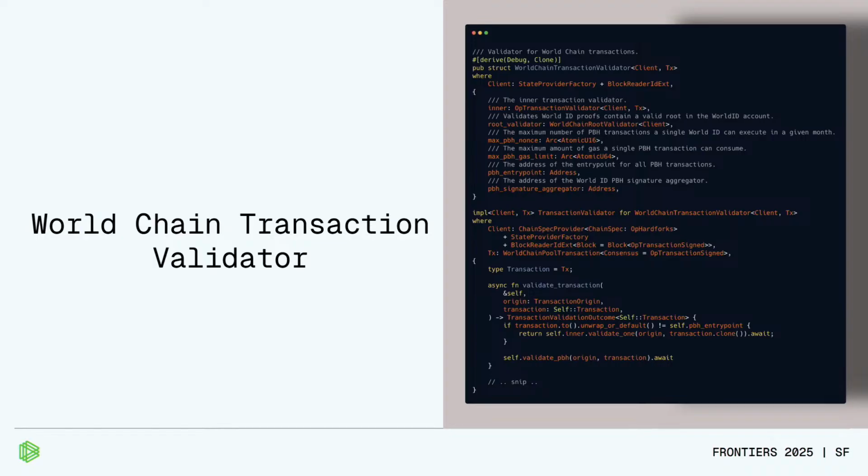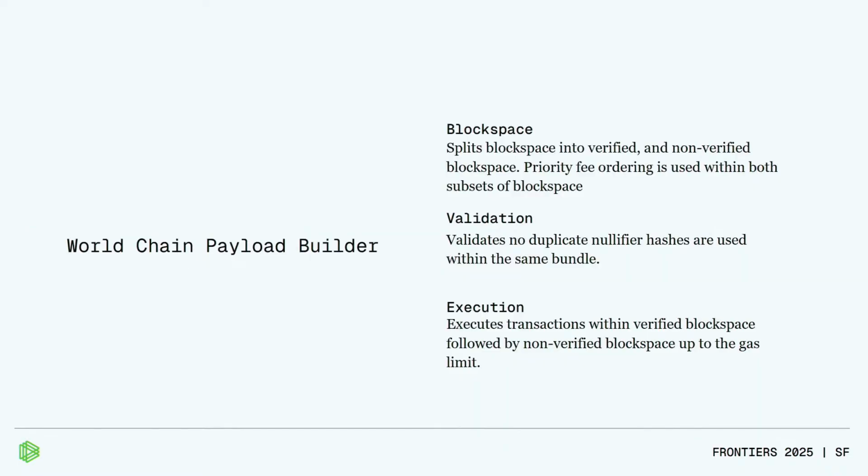And at this point, we'll attach the PBH payload to the pooled transaction type after decomposing the call data, and then we'll verify all semaphore proofs attached to the bundle. And if it fails transaction validation, it will be realized by the client with a custom RPC error.